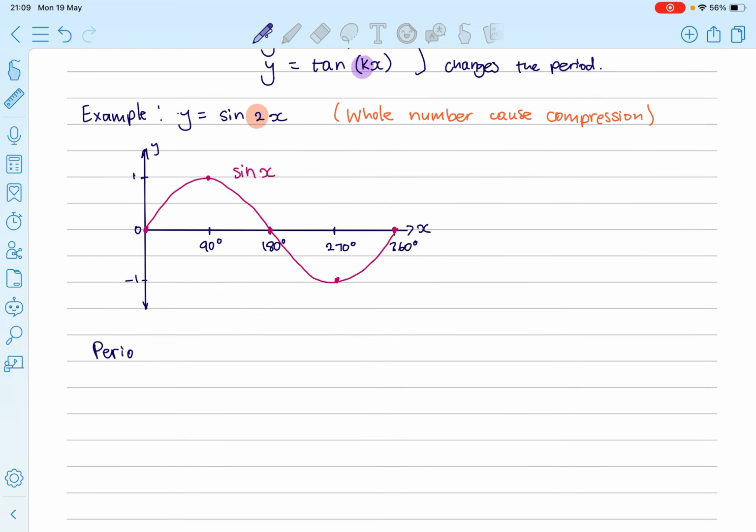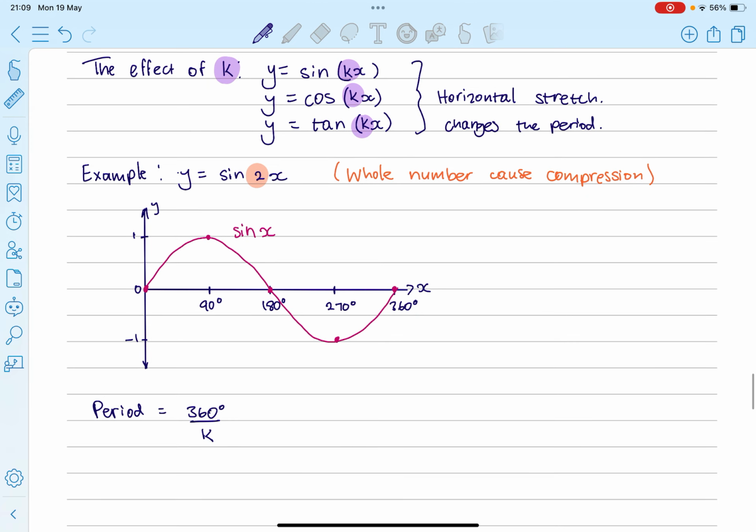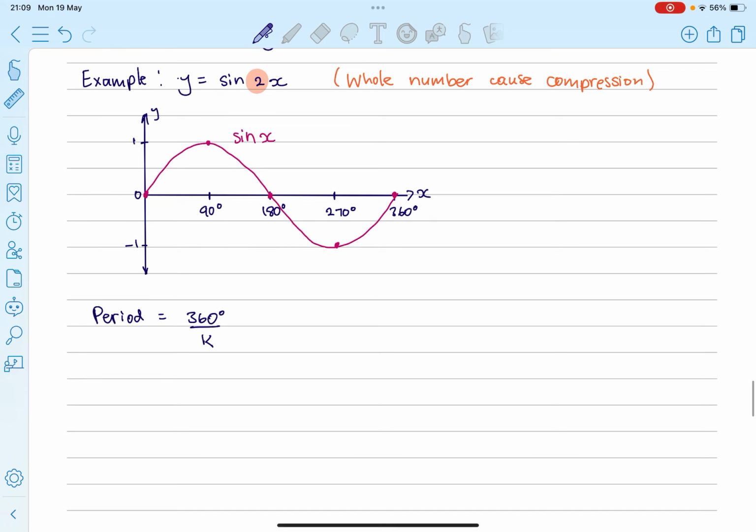So there's a small equation and its period is equal to 360 degrees divided by k. And we use 360 because the graph of sine and the graph of cos have a period of 360 degrees. So this is for the graphs of sine and cosine.